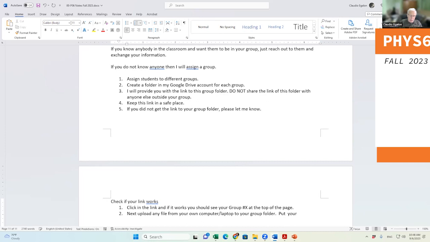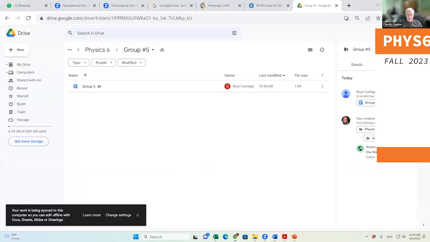Put your name on the file. It can be a PDF file, a Microsoft Word file, an Excel spreadsheet, whatever. Type your name in the title of the file and upload it. Click, drag and drop to the folder that you have in there.